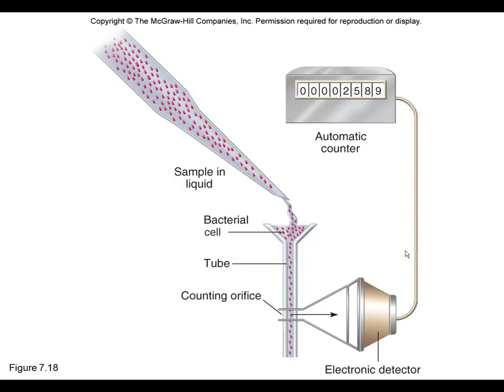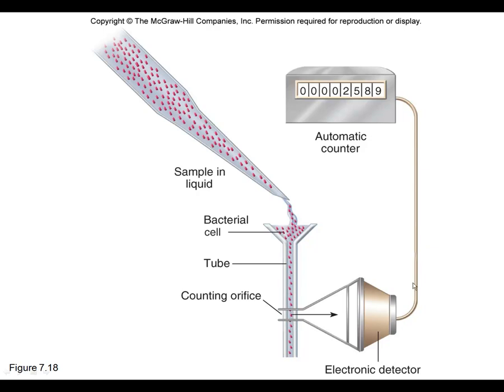Here is a picture of basically a Coulter counter or a flow cytometer. Essentially, you have your pipette here, you're dispensing your liquid. That liquid enters into this tube where the tube is only big enough to take one bacterium at a time. So they come in single file, and they pass this electronic detector that will count each of these as they pass through here.